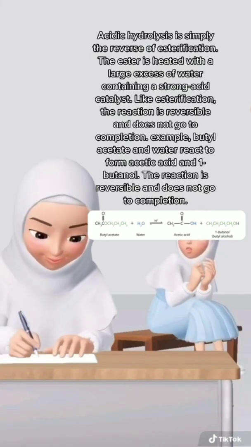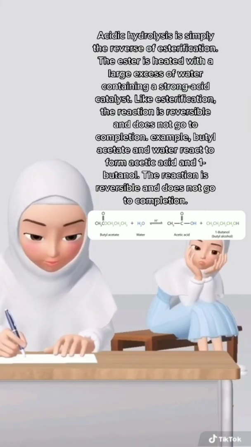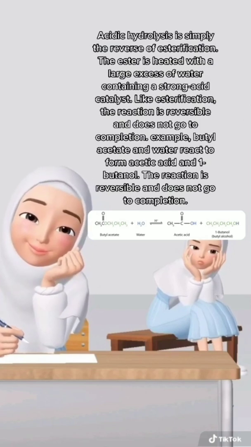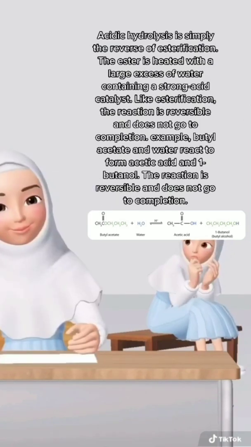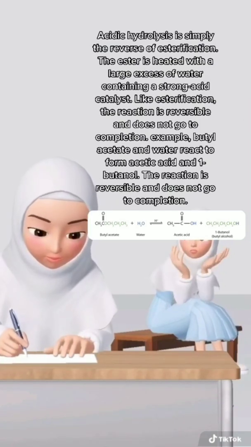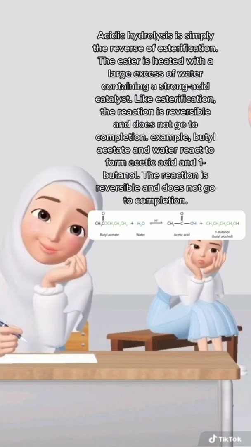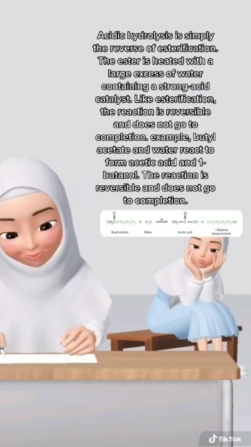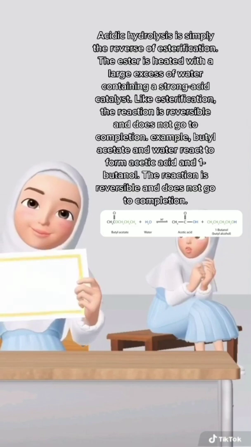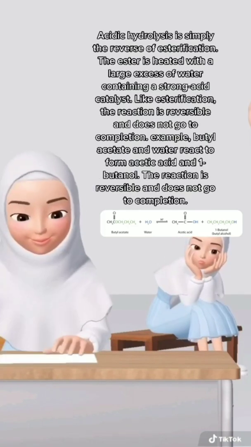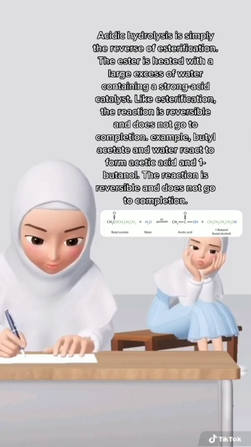Like esterification, the reaction is reversible and doesn't go to completion. Example, butyl acetate and water react to form acetic acid and 1-butanol. The reaction is reversible and doesn't go to completion.